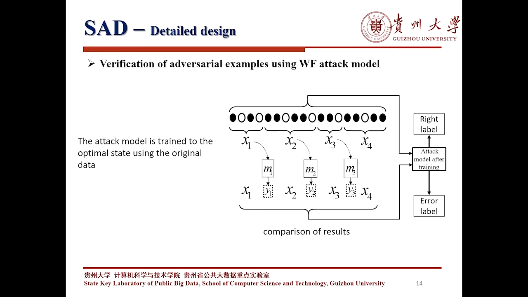The last step is to input the adversarial examples into the attack model to see the effect of SAD. For generated adversarial examples, it is likely to get a wrong label, even if the label of the source state can be correctly identified. The attack model used here can be any website fingerprinting attack model based on deep learning, and the original data is used to train it to the optimal state.